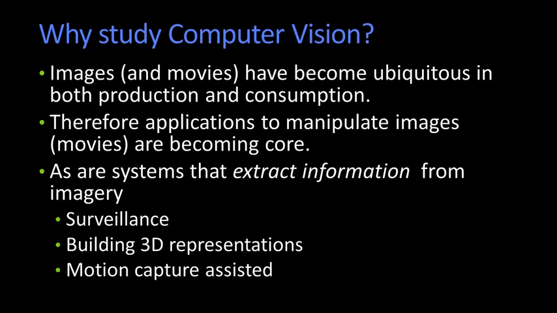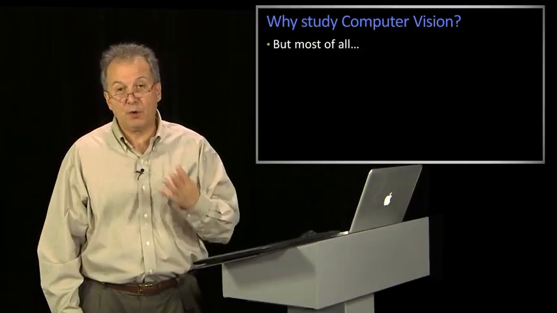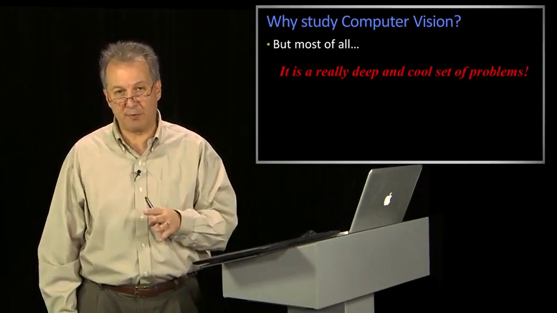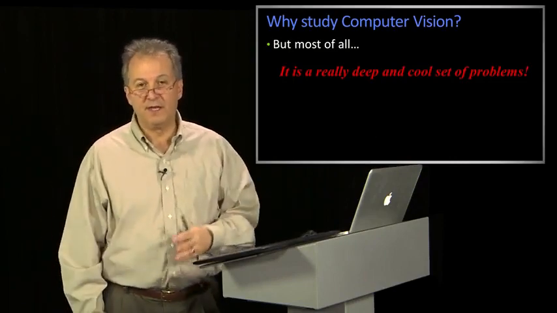There are domains such as surveillance, or building 3D models from medical imaging, or capturing for motion capture. These are all different current industries that leverage computer vision in a variety of ways. But most of all, the reason to do it is just a really cool and deep set of problems, and it's way more fun than learning how to build compilers. And now I have to go apologize to all my compiler friends, but they know it's true.